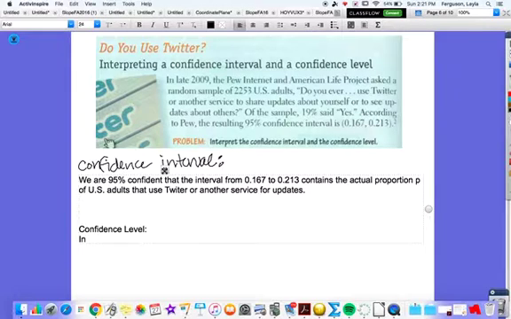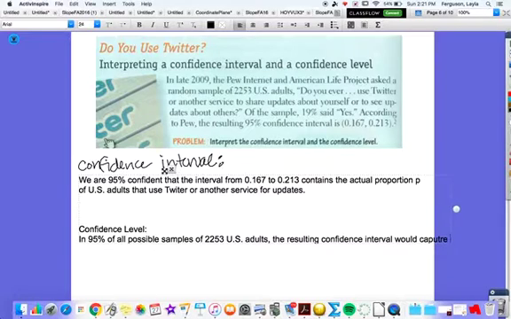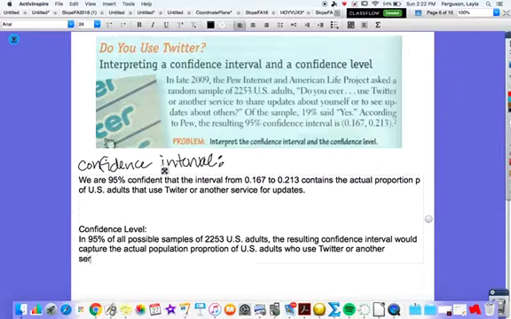So in 95% of all possible samples of 2,253 U.S. adults, the resulting confidence interval would capture the actual proportion, or population proportion, of U.S. adults who use Twitter or another service for updates.